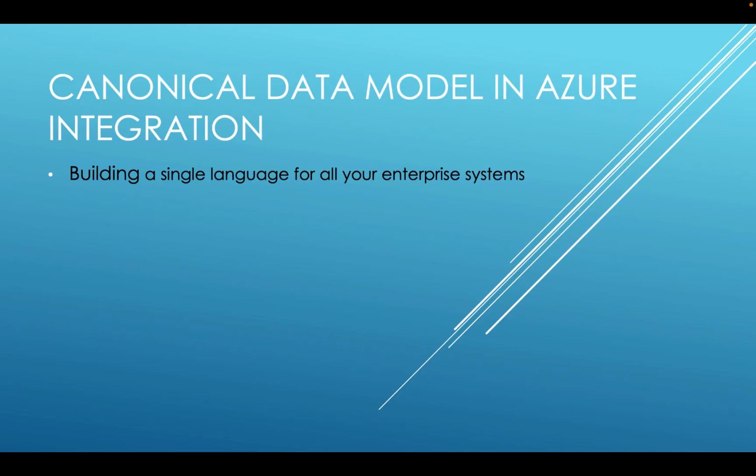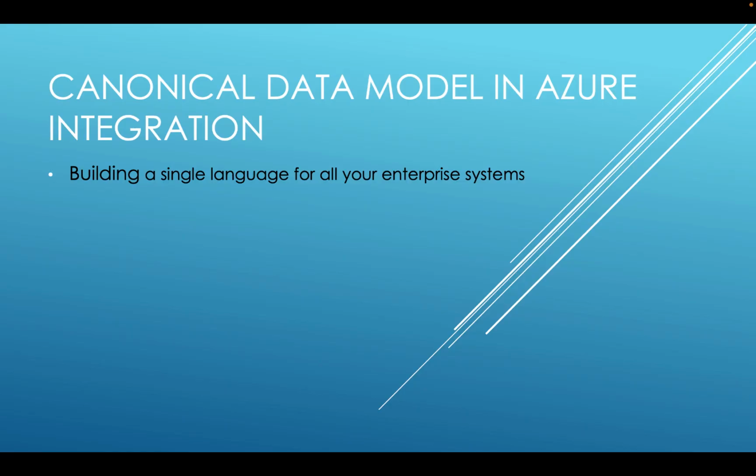Building a single language for all your enterprise systems. So canonical model is very much like a language. If you have ever connected more than two enterprise systems like Salesforce, Workday, Maximo, Dynamics, or ServiceNow, you already know how messy point-to-point data mapping can become.